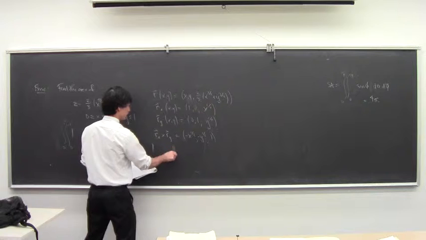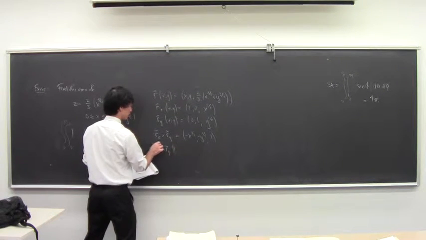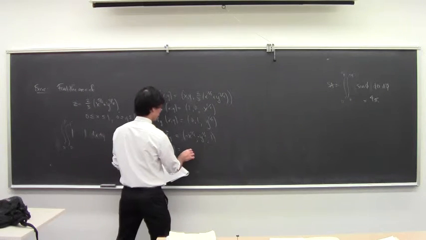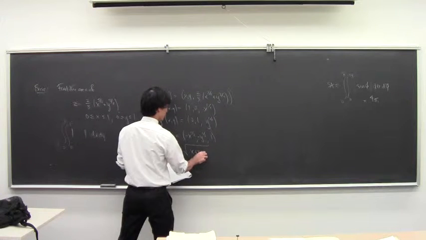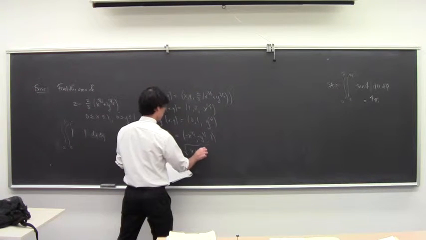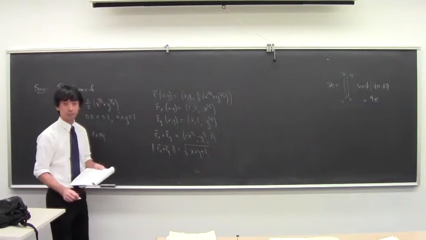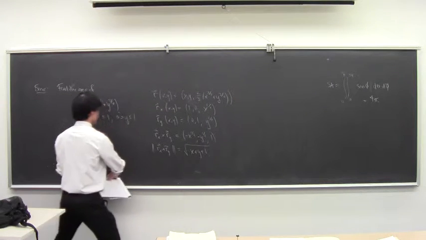So then the magnitude is going to be the square root of x plus y plus 1, everything to the 1/2, and that's what you're going to integrate.